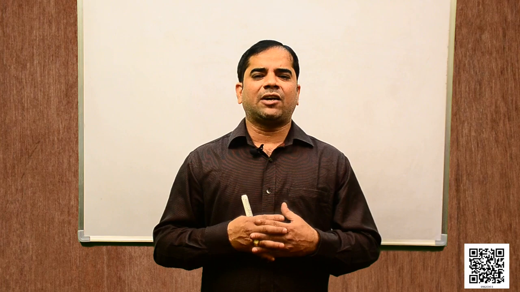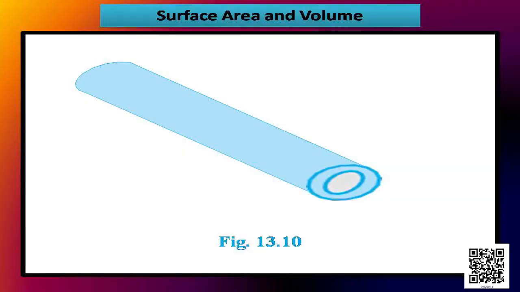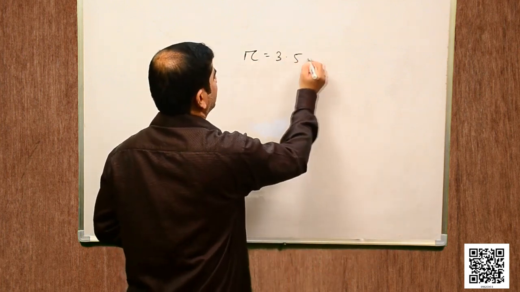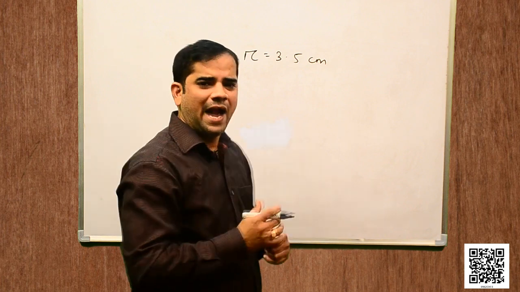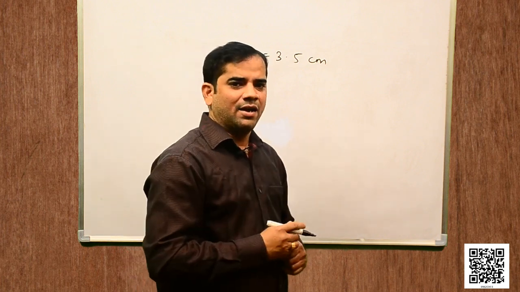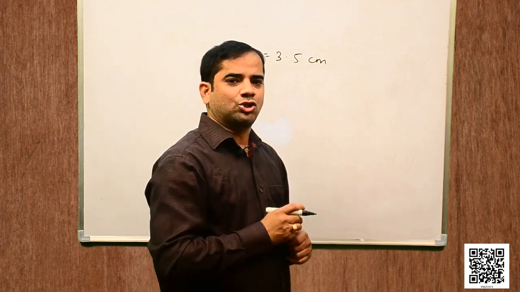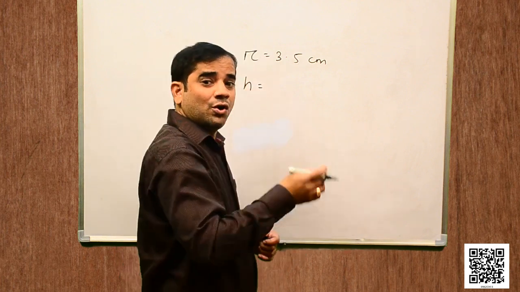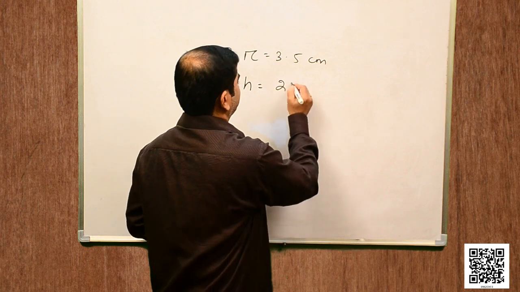So students, just concentrate on figure 13.10. So radius of the base of the cylindrical kaleidoscope is given as r is equal to 3.5 centimeter, and height, or length of kaleidoscope, is h is equal to 25 centimeter.